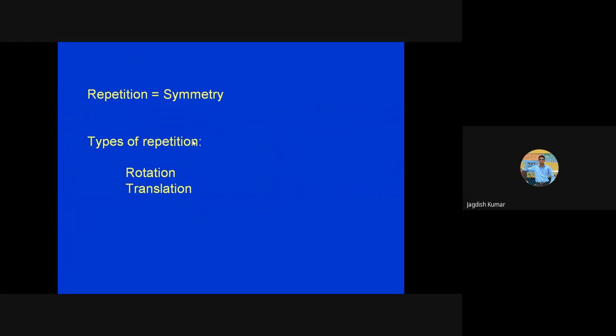For example, if you take a one dimensional arrangement of points, and all those points are repeating after a certain specific distance, then we may say that those points have a translational symmetry, right? If you move along the length, you will find that after a certain fixed number of steps you will find exactly the same environment, and that is what is called symmetry.